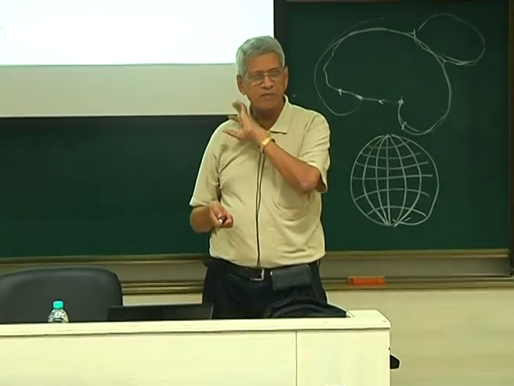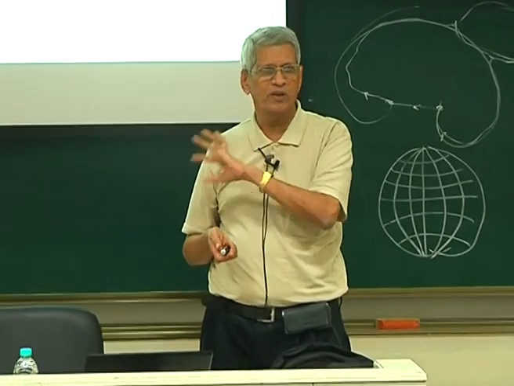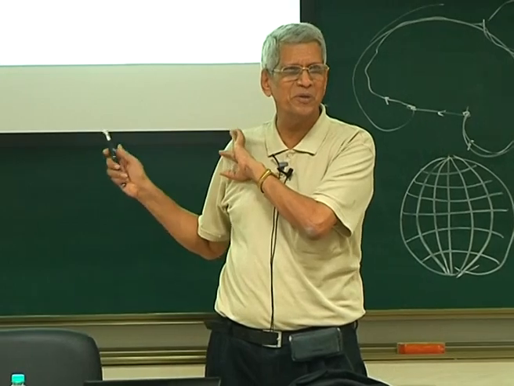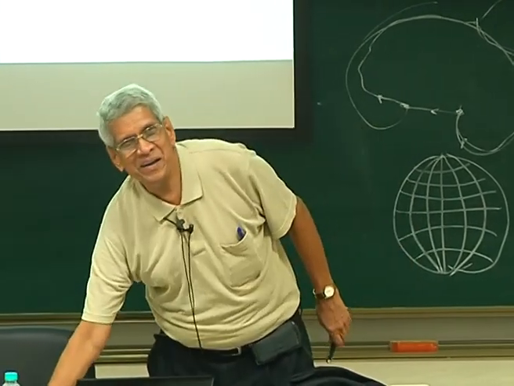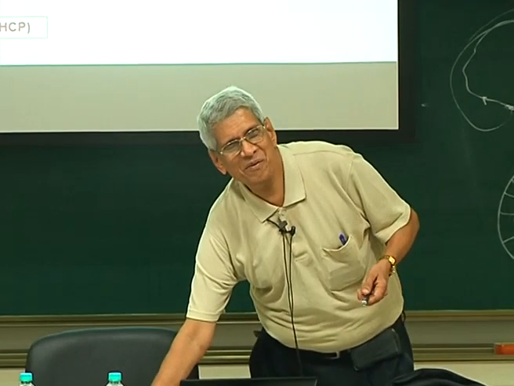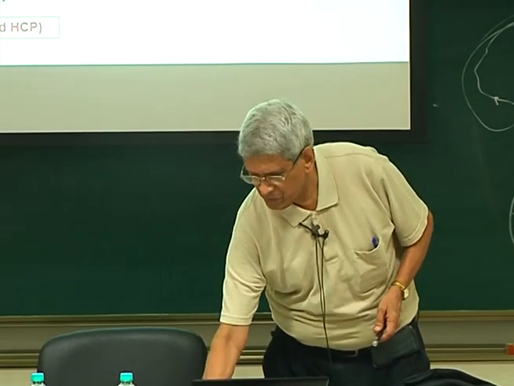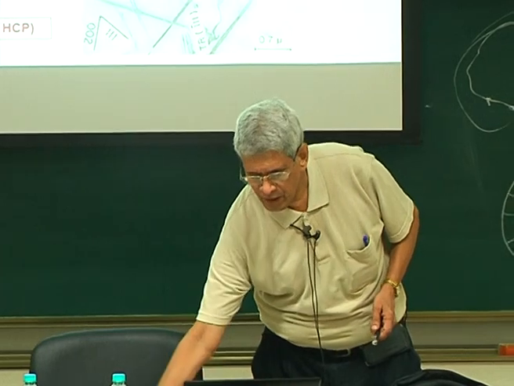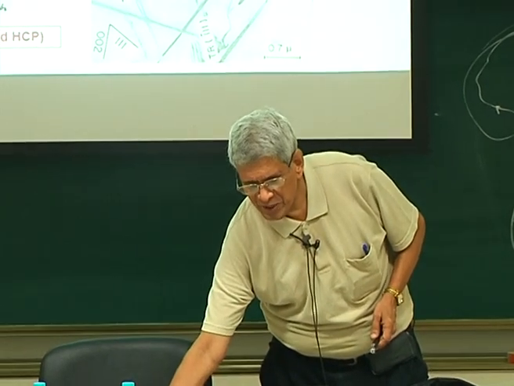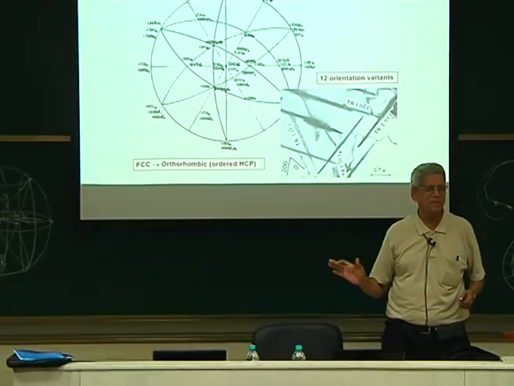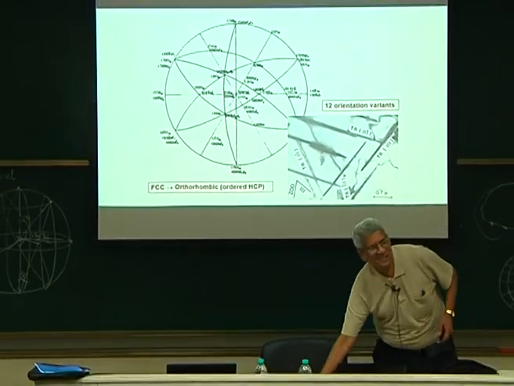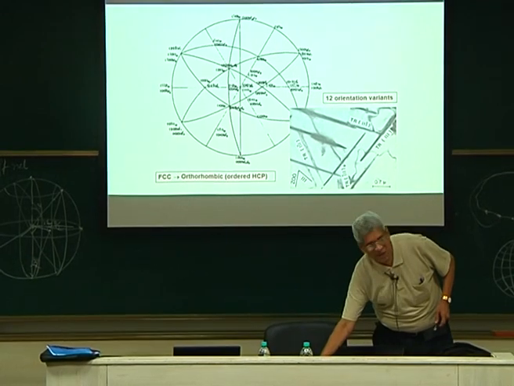All this information we can get using stereographic projection. Those aspects I am not going into, because they are not important for this part of these lectures. These are some precipitates where we have identified which slip planes they come from; the trace analysis has been done. This is an involved process, so I will leave it here.